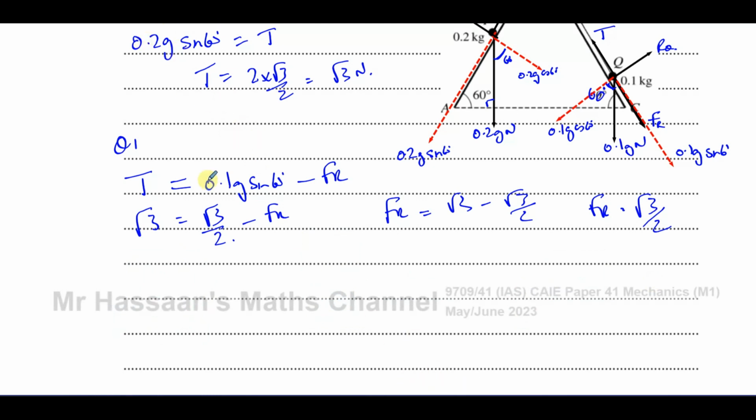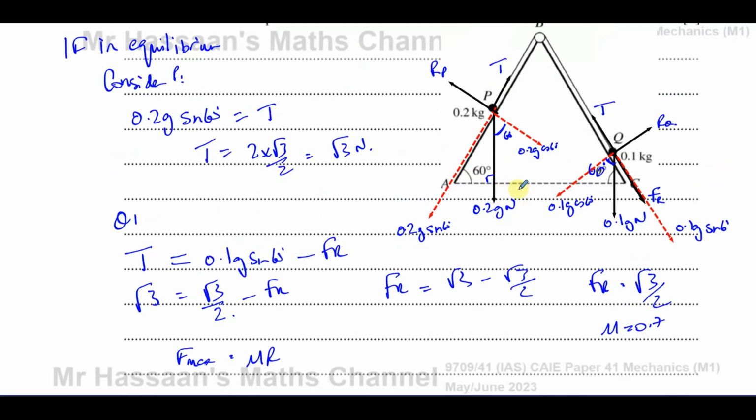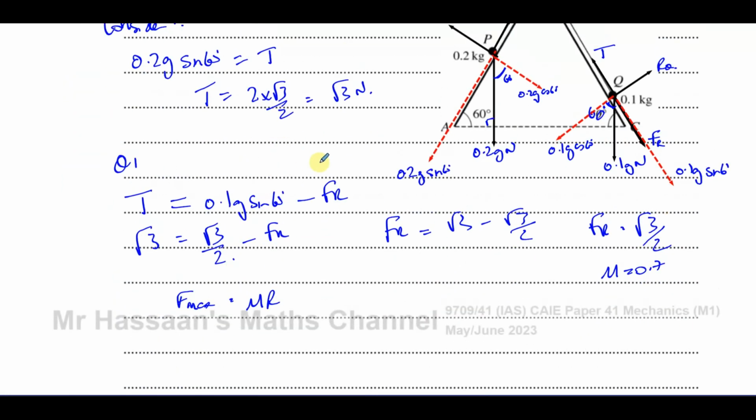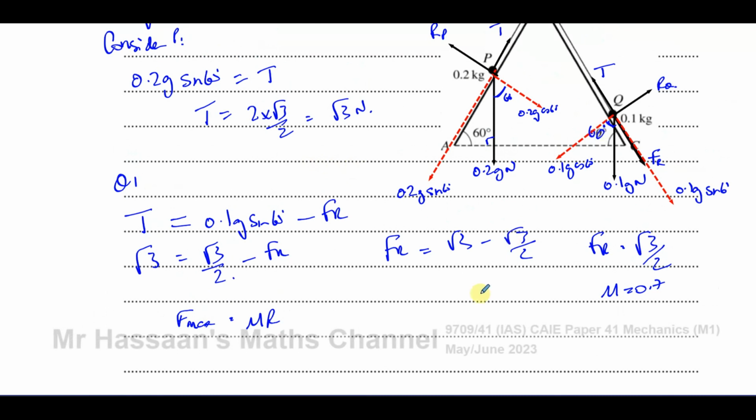Okay, so as I said, F max is equal to mu times R. Now we know mu is 0.7 as they told us in the question. The coefficient between Q and the plane BC is 0.7. So we have to work out what R at Q is. RQ is equal to 0.1 G times cosine 60, and cosine 60 is a half.